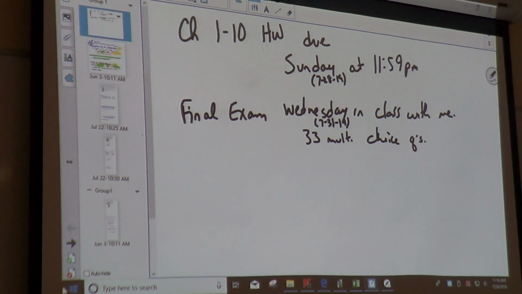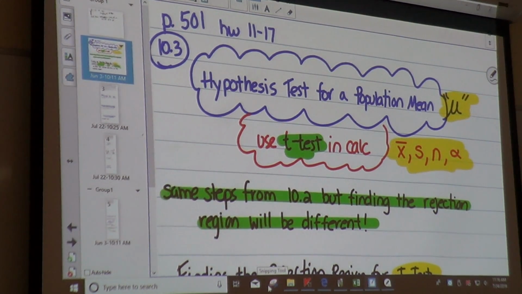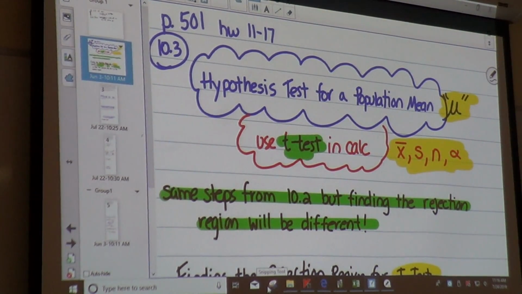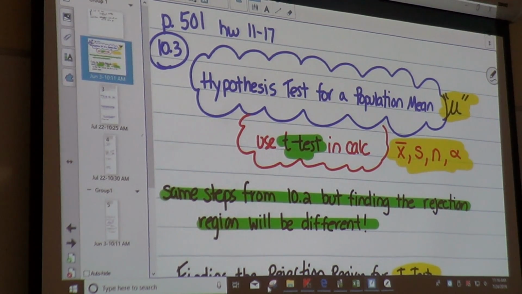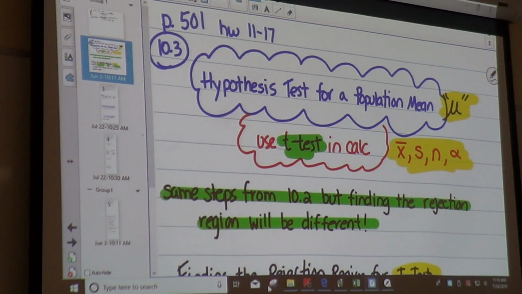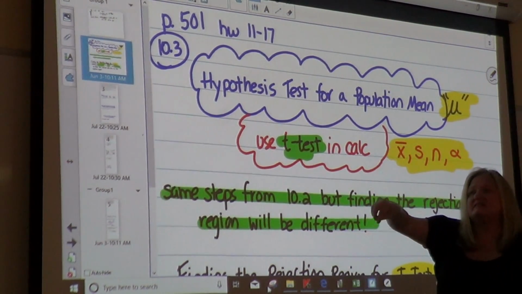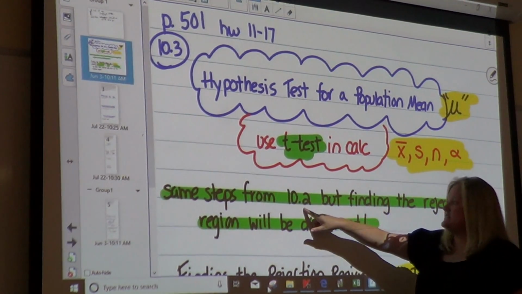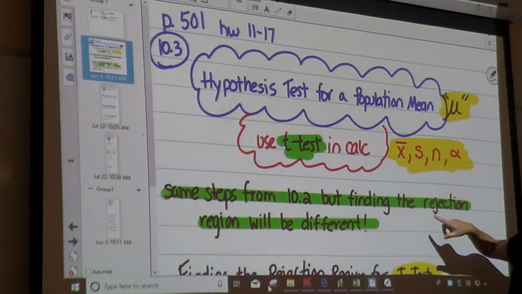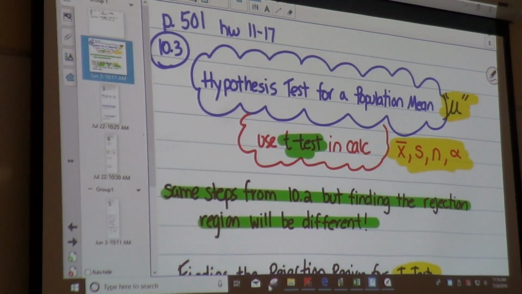All right. 10.3, y'all, is really not that much different than what we've been doing. We are doing a hypothesis test again, but this time we're going to do a t-test. We went back and forth between the z-test and the t-test. We're doing the same steps as 10.2, but finding the rejection region is going to be a little bit different.